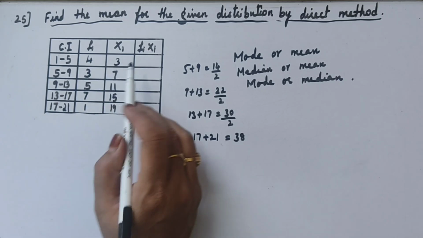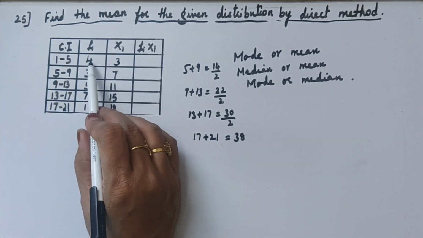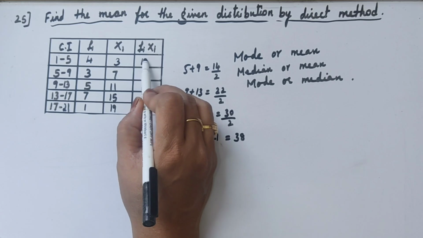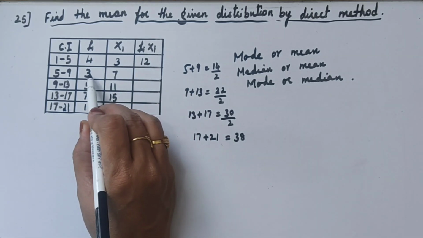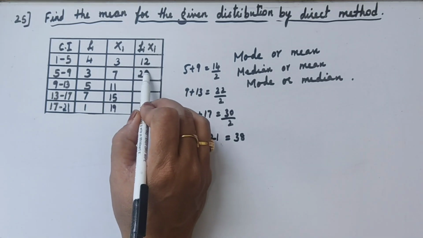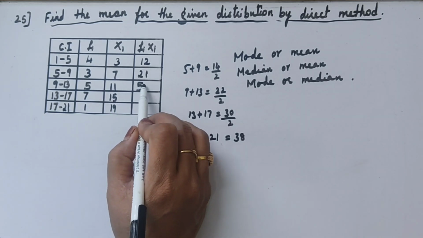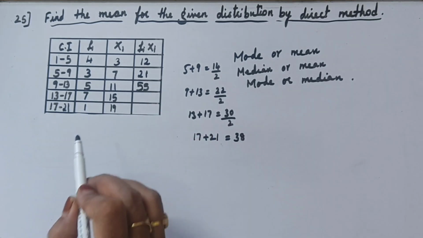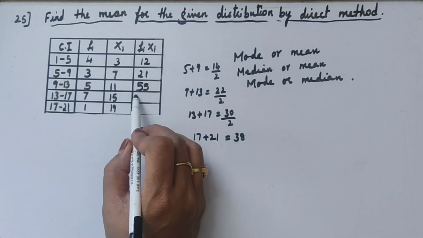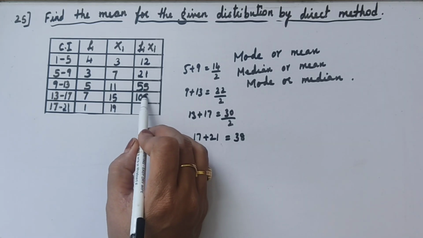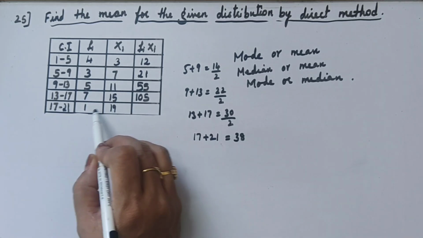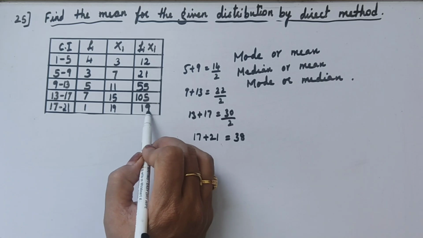Now fi xi, we need to multiply this. 4 3s are 12, 3 7s are 21, 11 5s are 55, 15 7s are 105, 19 1s are 19.